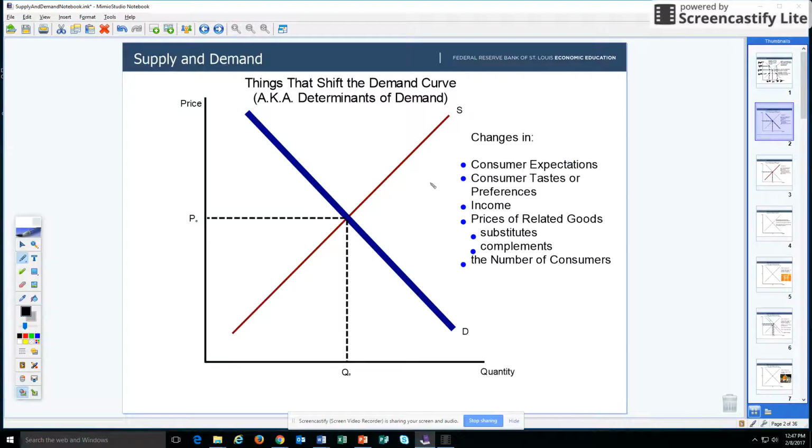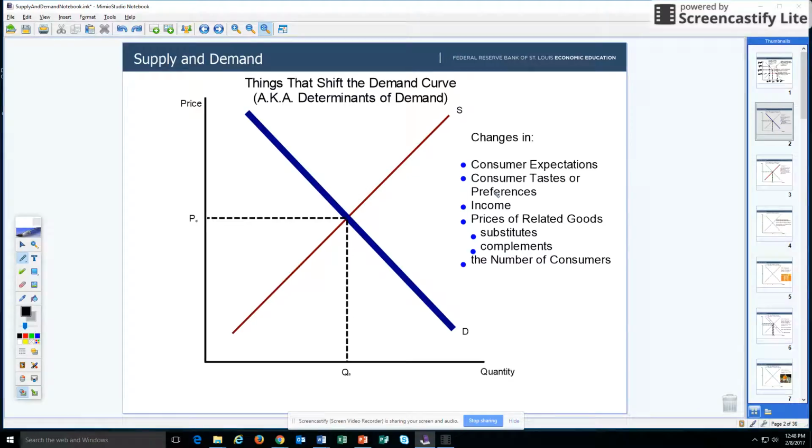So there would be a decrease in demand because it didn't meet your expectations. However, if that product was significantly better than you thought it was going to be, then you're like, hey, I'll buy this product again. So there is an increase in demand. Increase shifts to the right, decrease shifts to the left.